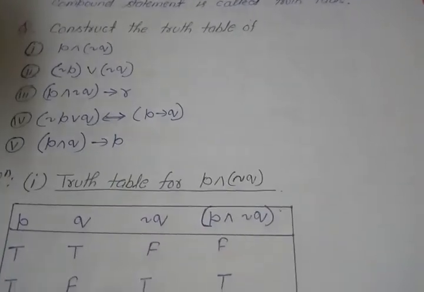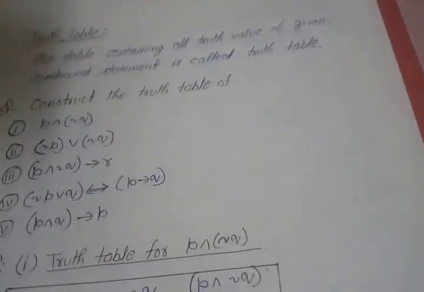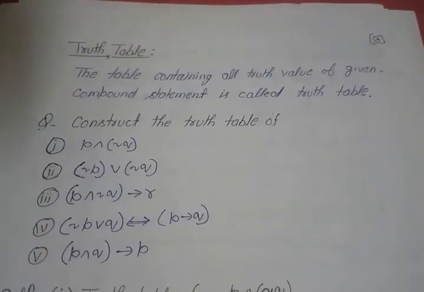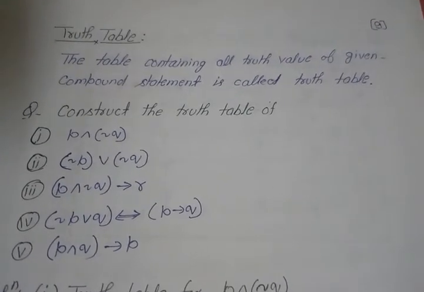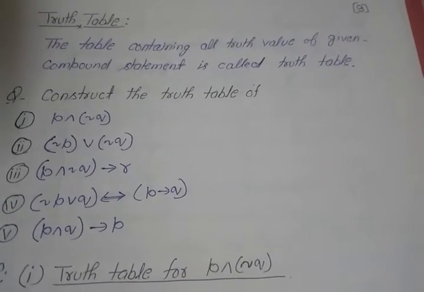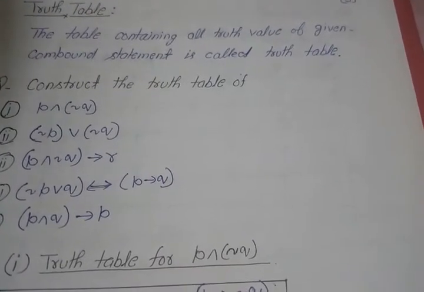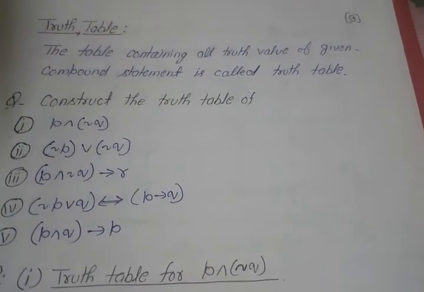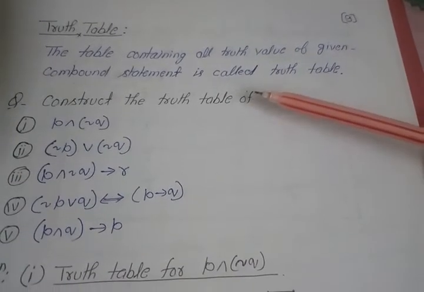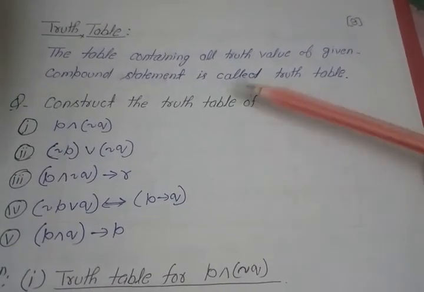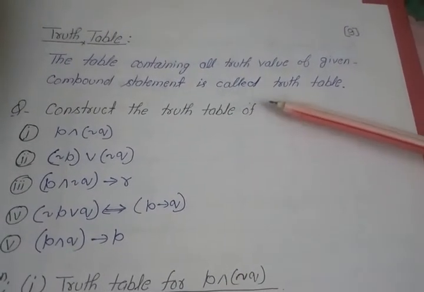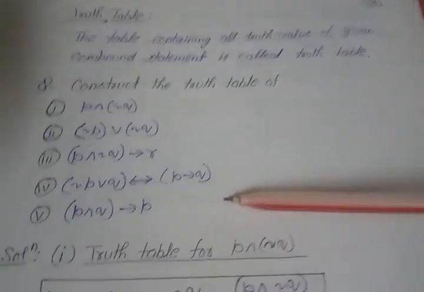Now the next topic is to understand the truth table. A truth table is a table which contains all the possible values of compound statements of P and Q which are connected with any connectives. Here some compound statements are given and the question is: construct the truth table of the following.